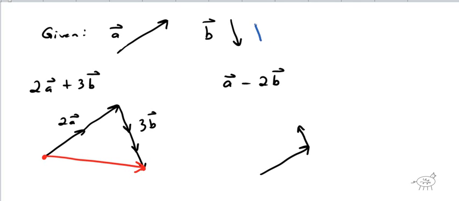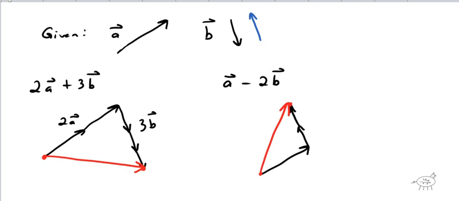This is the opposite vector to B. Right? So that's why I'm drawing it going up and to the left. And I'm doing 2 of those, minus 2B. Okay? And then your resultant vector, remember this is your starting point and this is your ending point. So that is the resultant vector.